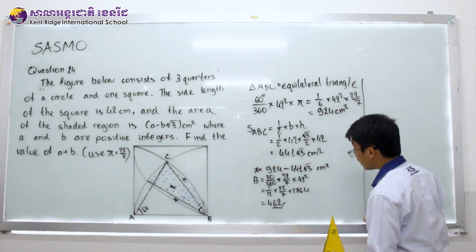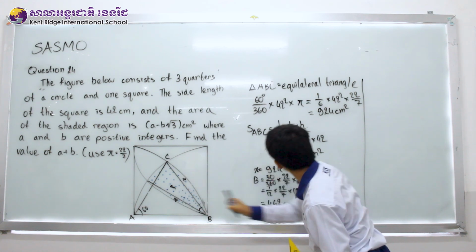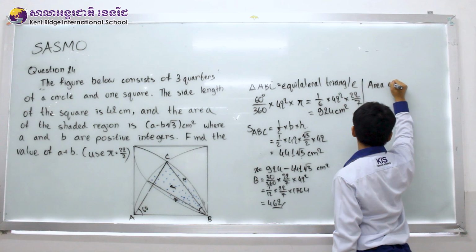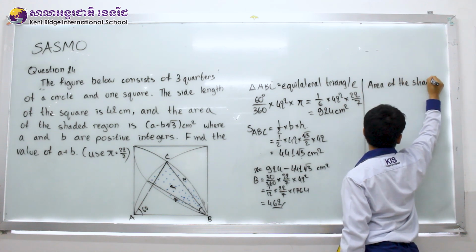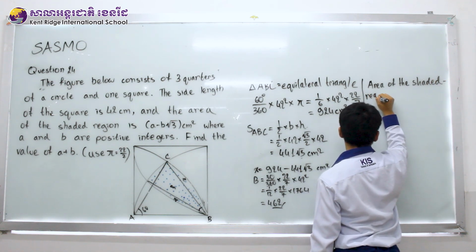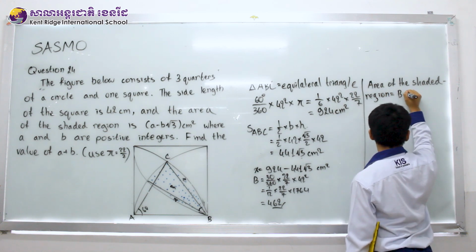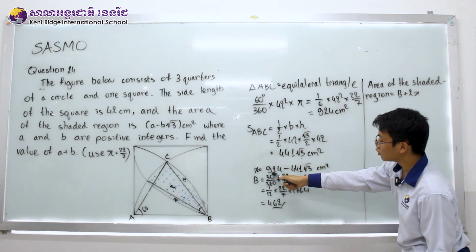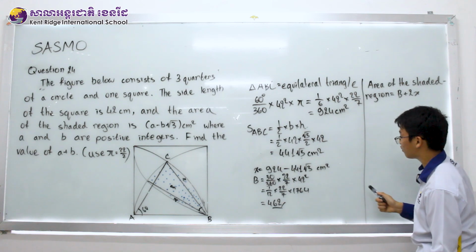So now that we know B and we know that these two parts are equal, in order to find the area of the shaded region, we must take B plus 2x. So we'll write area of the shaded region equals B plus 2x, where we know that x equals 924 minus 441 square root of 3 centimeters squared.